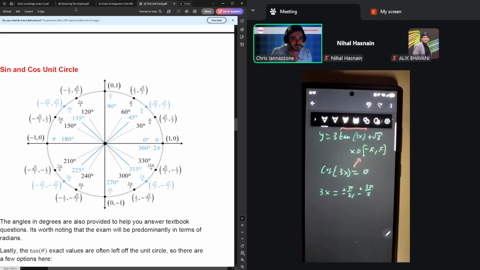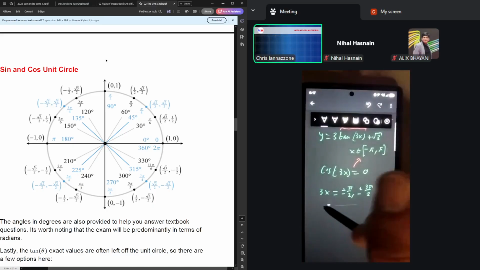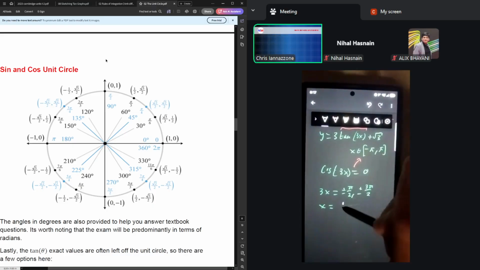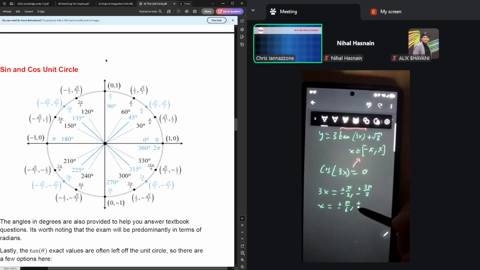You can start with just pi on 2 and 3 pi on 2 and then continue from there. At this stage, I would start rearranging to get the x back on its own. That will be a matter of dividing all these solutions by 3, giving you plus minus pi on 6, plus minus pi on 2, because the 3's will cancel out.